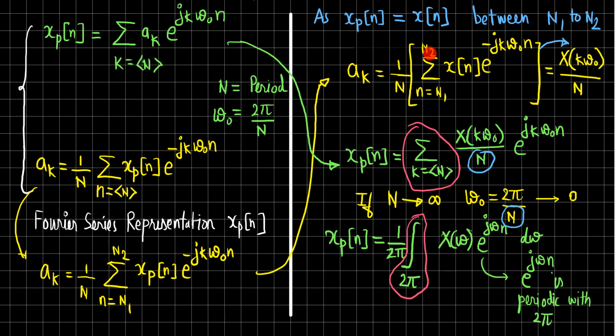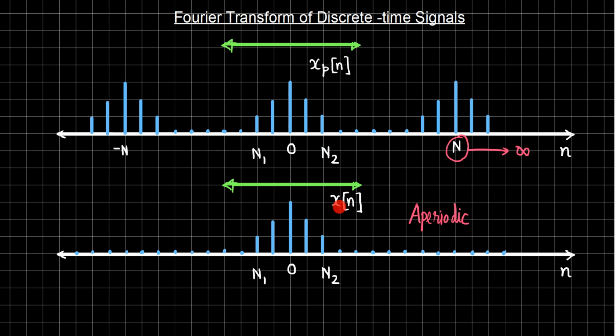We can now take a generalized limit from minus infinite to infinite, just because this x of n is 0 otherwise. So what I mean to say is that this signal x of n, as it is defined between n1 to n2, we may consider this to be defined from minus infinite to infinite, where the other samples are 0. So it doesn't matter what limit we take. So as it is defined from n1 to n2, I may take from minus infinite to infinite as well, just because the other samples are 0.